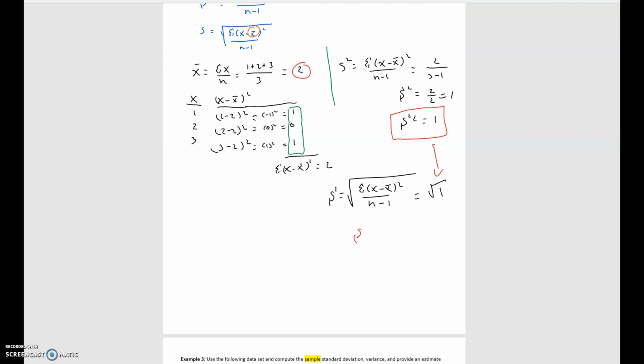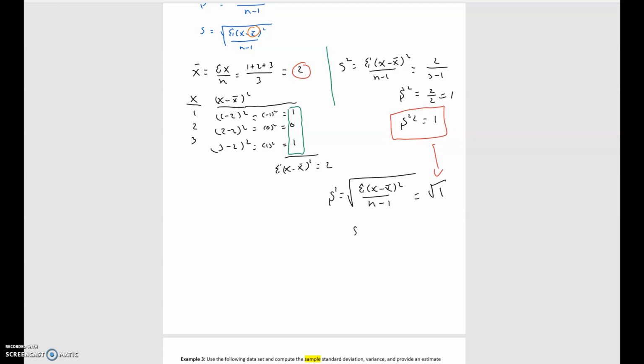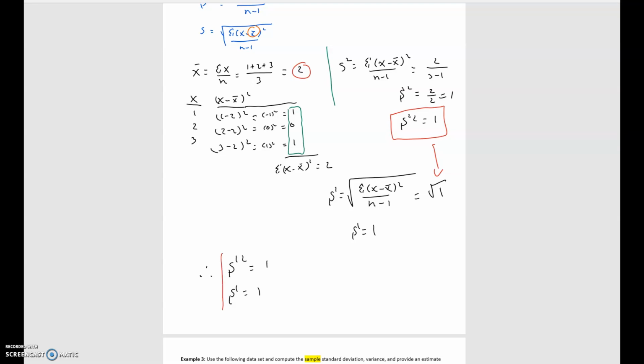So s is equal to 1. For this problem, we found that the variance is equal to 1 and the standard deviation is equal to 1. That would be our main answer for this one.